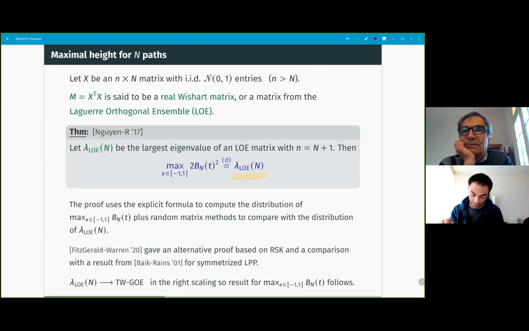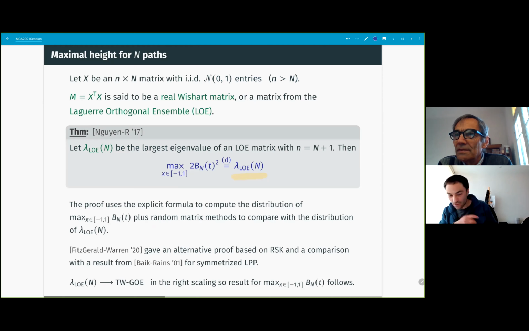Now maybe to answer your question a little bit better, there are models which give you couplings between random matrix objects and last passage percolation objects. The couplings that I would consider most informative relate models of random matrix type with particle systems like TASEP.